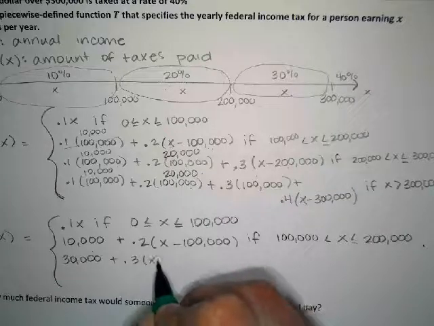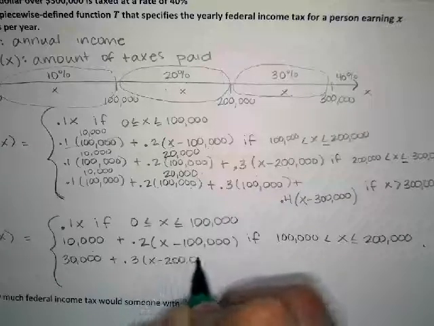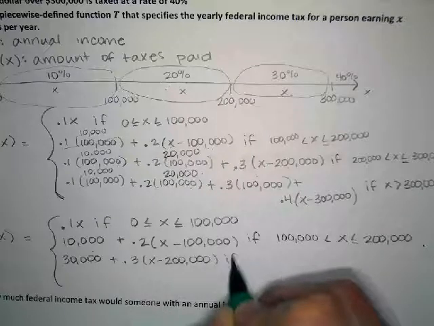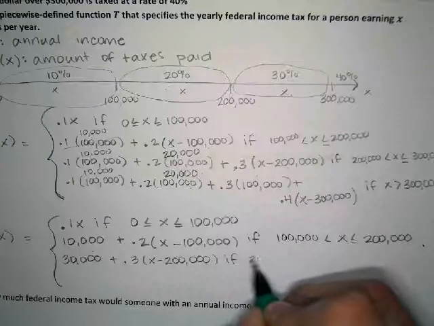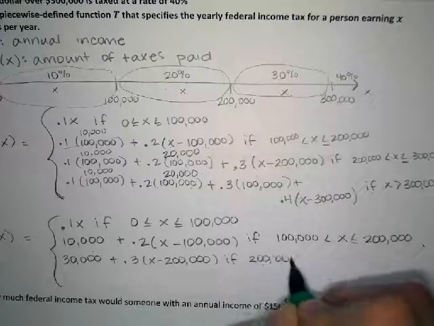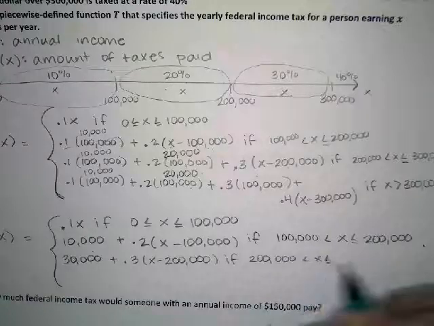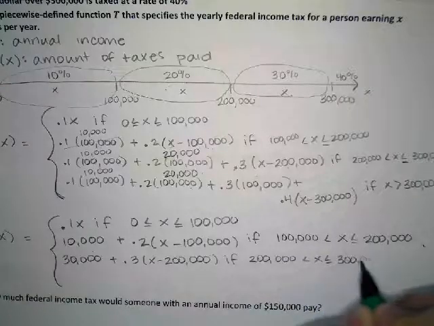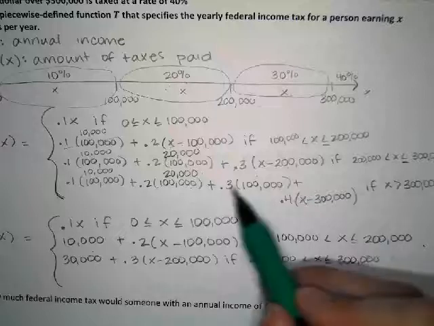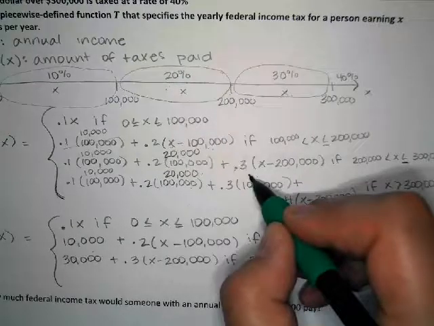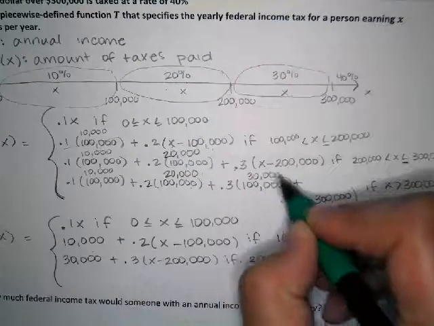If you make that much money, I guess you can afford it. Okay, and then 0.3 times 100,000 would be 30,000. So 10 plus 20 plus 30 would be 60.